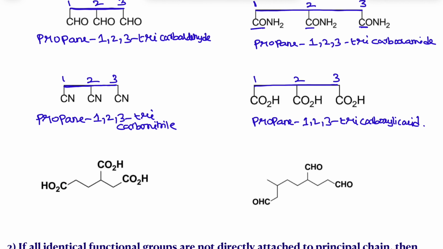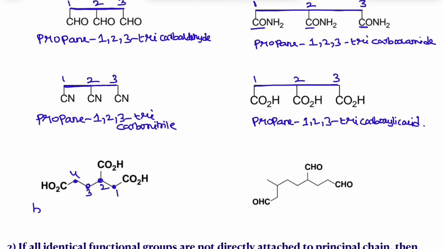And here you can see again there are 3 COOH groups, all of them directly attached to the principal carbon chain. So here this is the principal carbon chain, and the numbering should be from the right side, because if you give numbering from the right side it will be 1, 2 and 4. If you give numbering from the left side it will be 1, 3, 4. 1 2 4 is better, therefore like this.